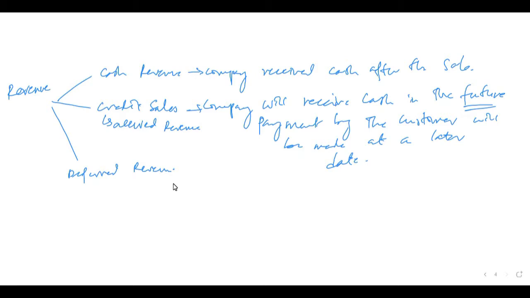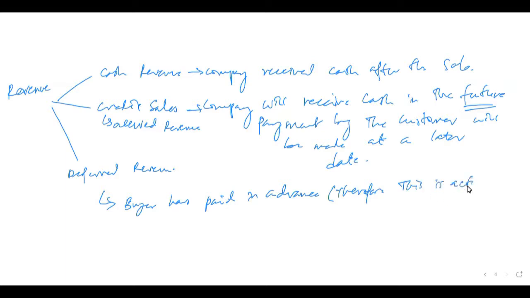And then there's something called deferred revenue. In other words, deferred revenue is when the buyer has paid in advance. Therefore, this is actually a liability. You can also say that the customer has paid in advance.